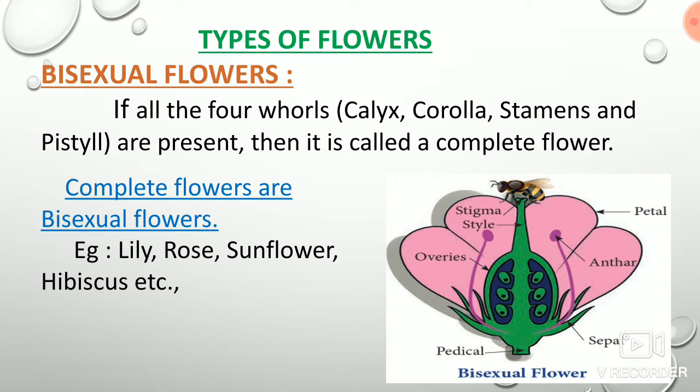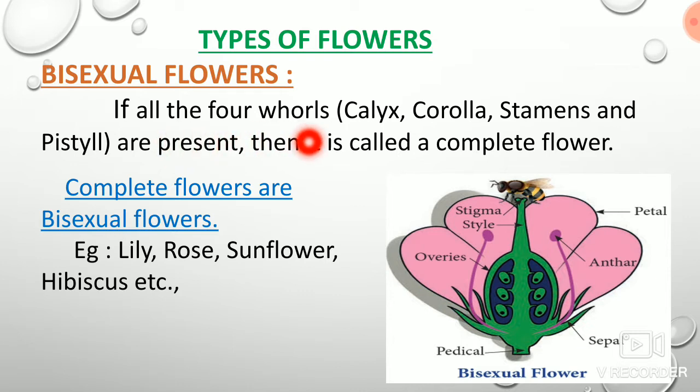Next, we move on to types of flowers. Flowers are mainly classified into bisexual and unisexual flowers. Let's see one by one. Bisexual flowers.